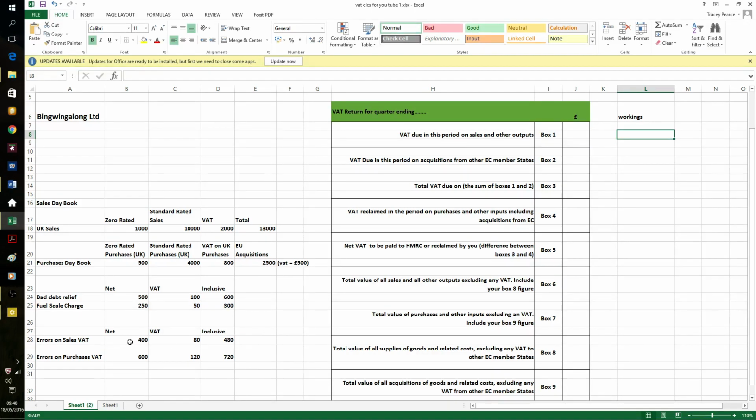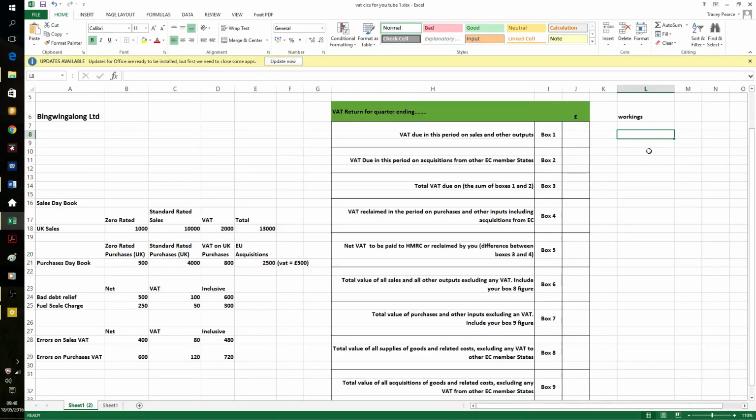Either way, it's errors on sales VAT, total of 480 gross, £80 VAT needs correcting, and on our purchases VAT we underclaimed £120 worth of VAT. Our invoices, one or more invoices totaling £720. We'll look at those when we get to it. The general rule is we just do the net difference of 40.